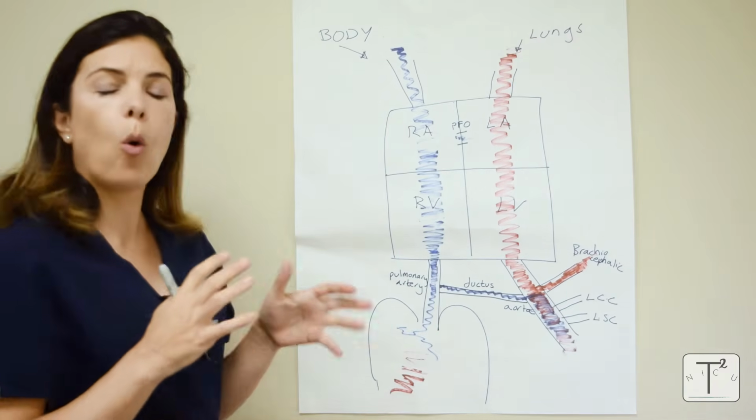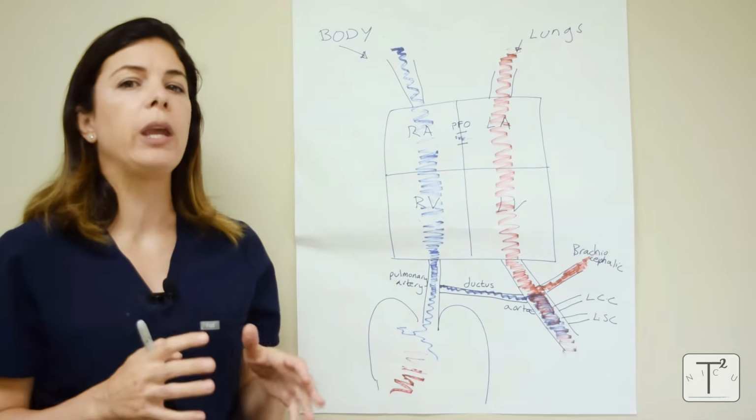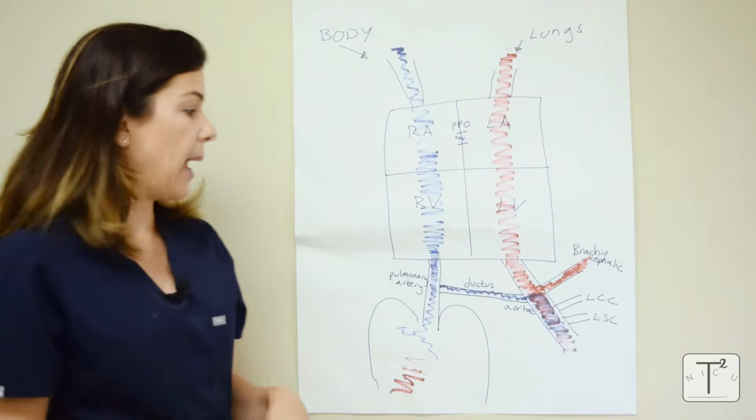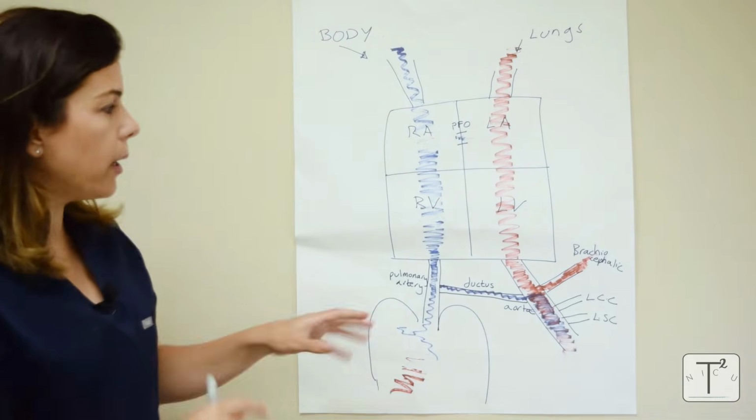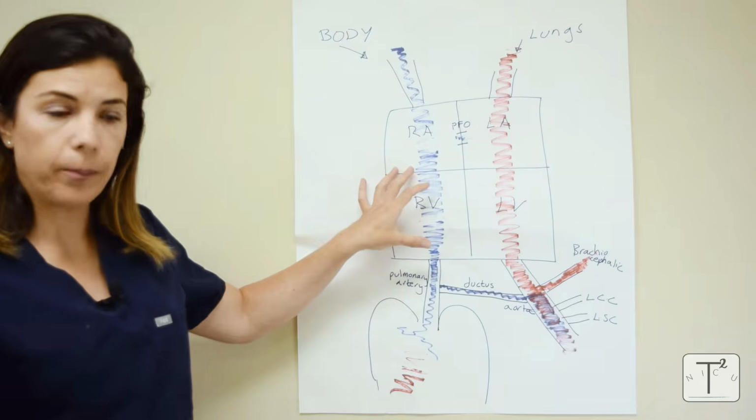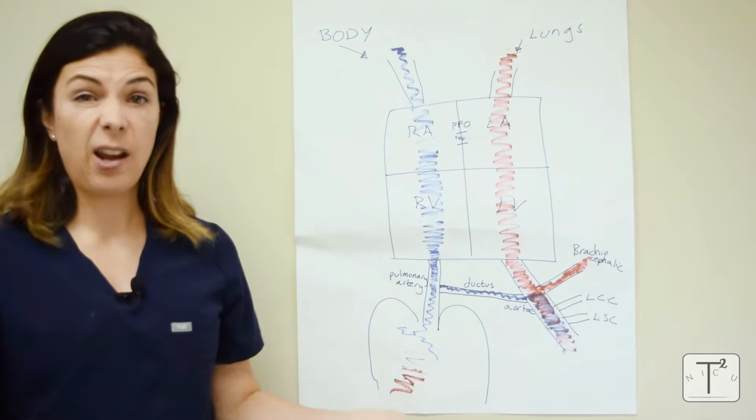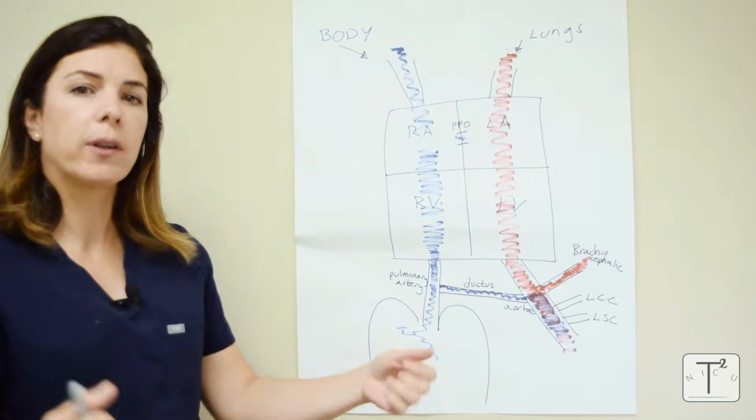So these are all the possible signs that you could see on an echo in a baby that has pulmonary hypertension. So remember that the heart is a muscle. So very logically, just like any other muscle, if you go running and you work out more, it's going to get bigger.